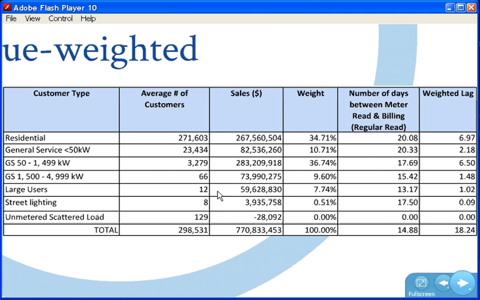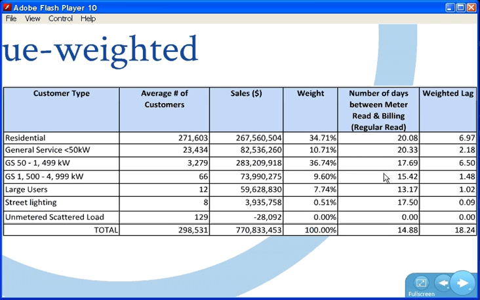Again, a table from Hydro Ottawa. The average customer is provided for information only. What is important is the actual sales, and you can see that by using revenue weighting instead of customer weighting, the importance of residential is somewhat reduced. In this case, you can also see that the number of days between the last meter read and the invoicing is different for each class.